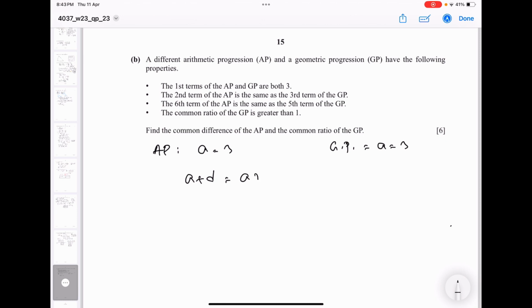The nth term is a r to the power n minus 1. So a r to the power 3 minus 1, that is r square. I have got a as 3, and d. a is there, 3 r square. So we can say d equals 3 r square minus 3.